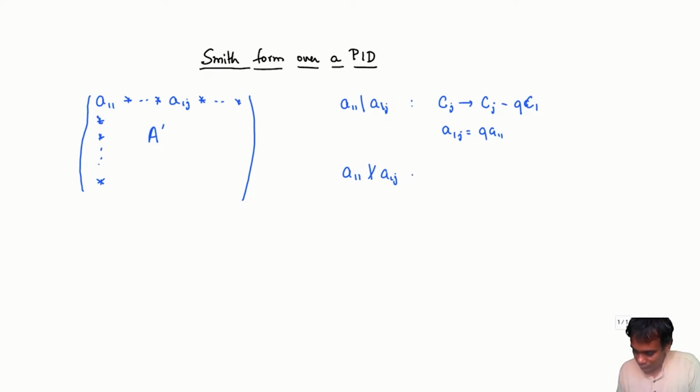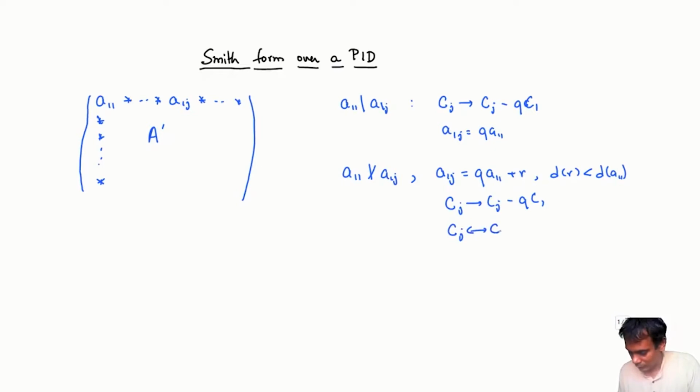So then what we know is that A1j equals Q A11 plus R, where D of R is strictly less than D of A11. And then what we did was Cj goes to Cj minus Q C1, and then we got R in this position over here, and then we interchanged Cj and C1.